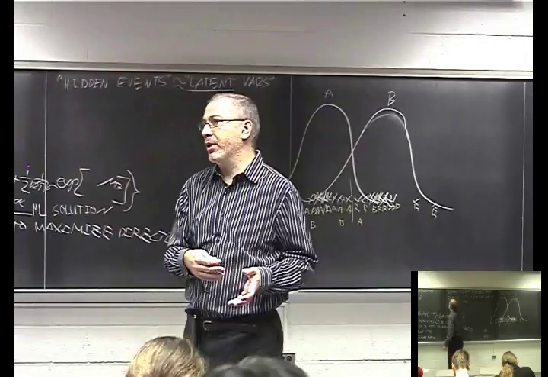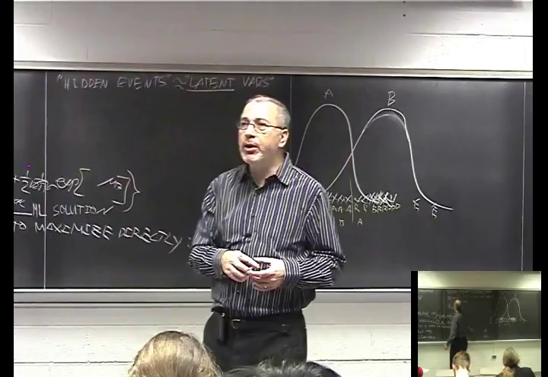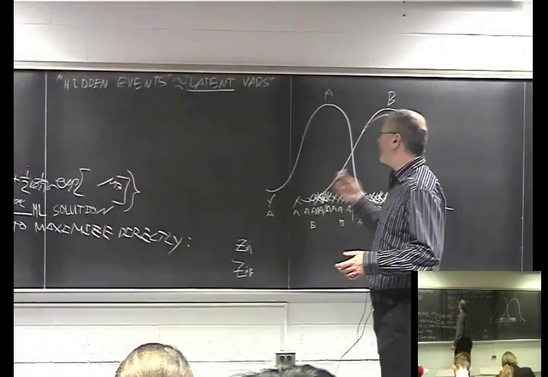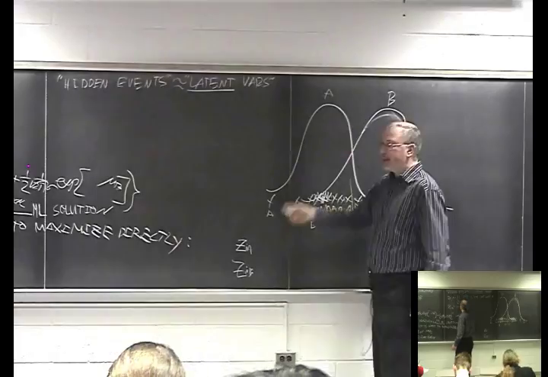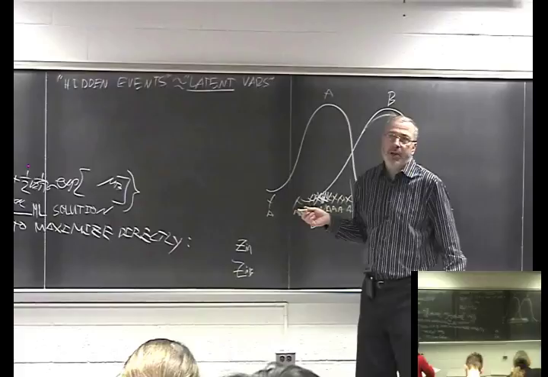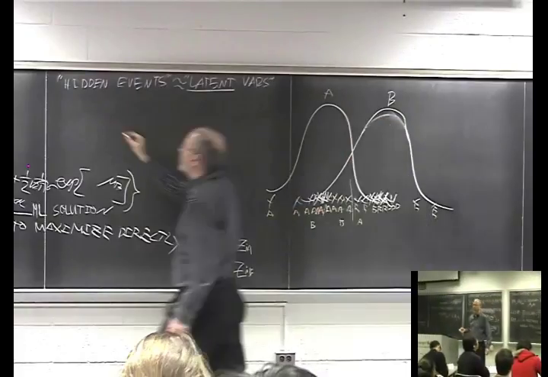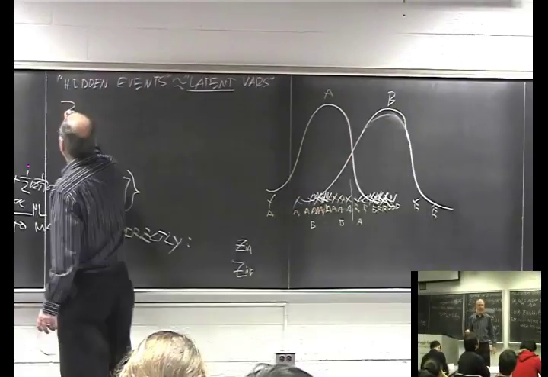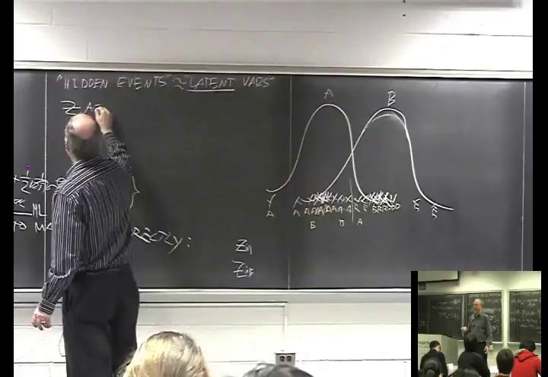And ZIB can be defined simply as 1 minus ZIA. These kinds of variables are often called indicator variables or index variables. They are 1 when they want to indicate some event happened and 0 otherwise.